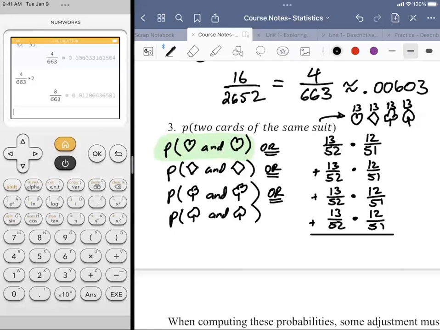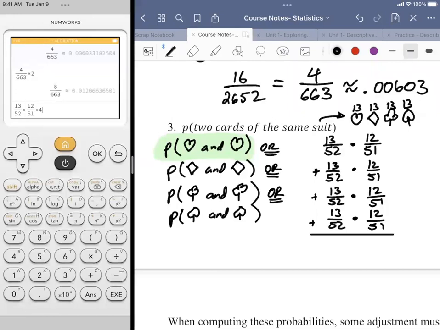Or you could take that 13 out of 52. So again, in NumWorks, 13 divided by 52, right arrow, times 12 divided by 51. And because there's 4 identical quantities, multiply by 4.